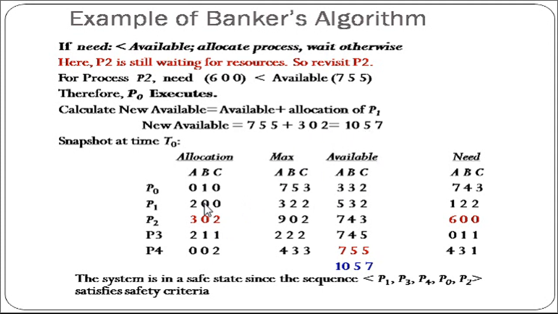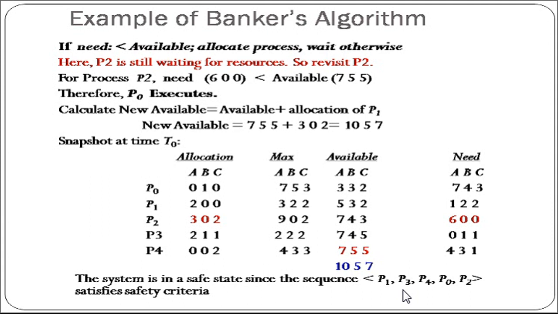Now at this stage all the processes, that is P0 to P4, are added into the safe sequence and the sequence is P1 executes first, then P3, then P4, then P0 and then P2. That means all 5 processes are present in the safe state. That means our system is in the safe state and there is no deadlock, that is deadlock avoidance.